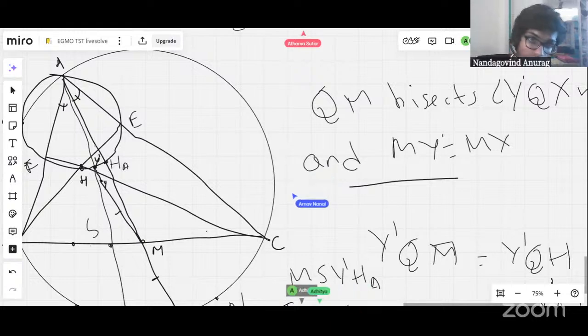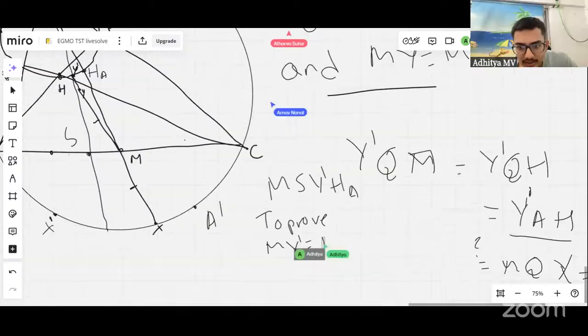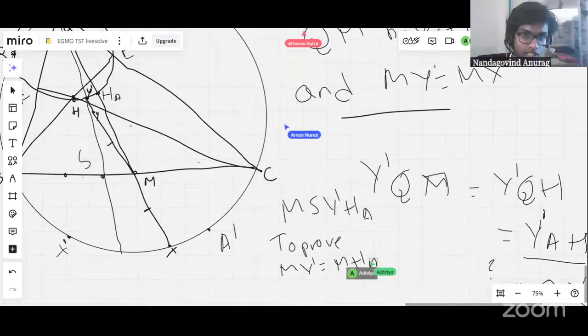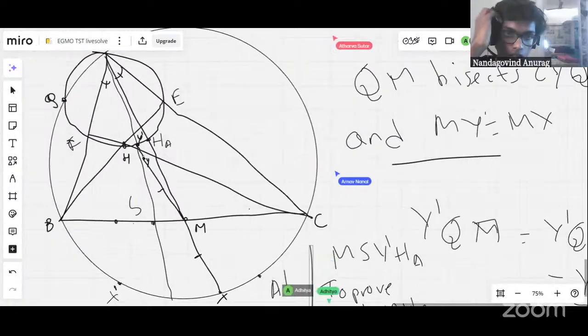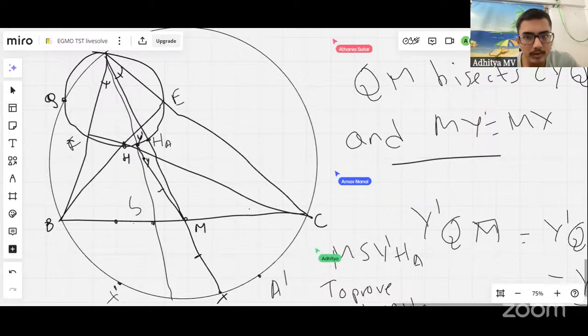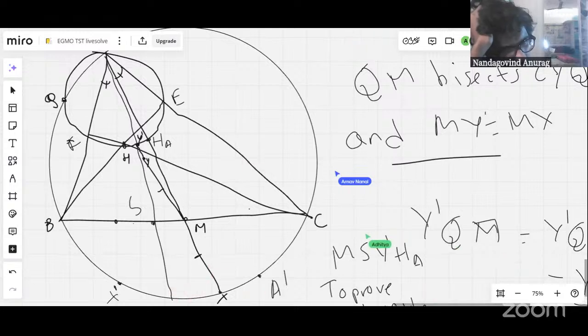Can you repeat what you just said? To prove MY dash equal to MHA. That's telling HASM is 180 minus HSM.